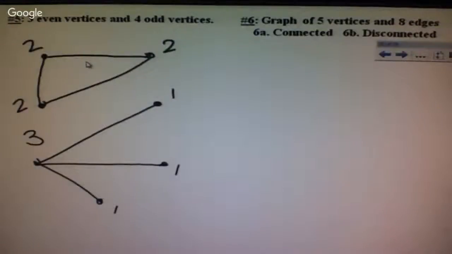And this has 3. There's your 4 odd, 3 even. So if it's even vertices, make them connect in a circuit. If they're odd, just kind of span them out like, I don't know, fingers. What do you want to call that? Spiderweb.